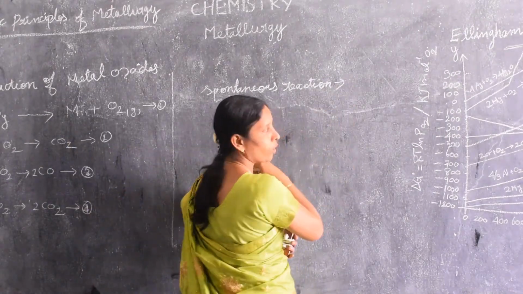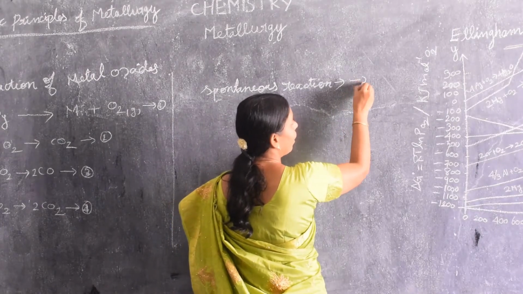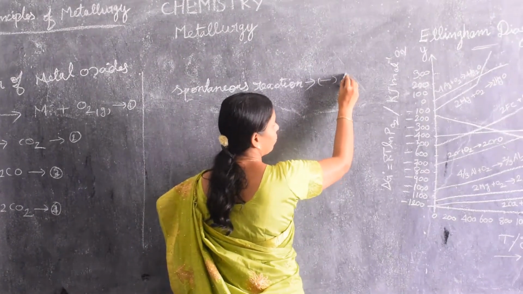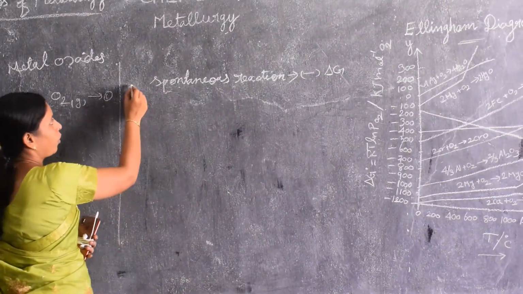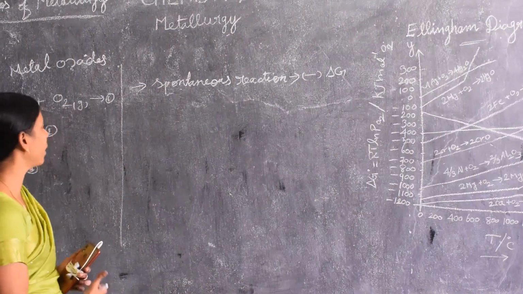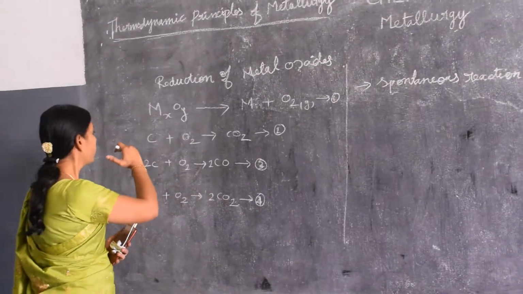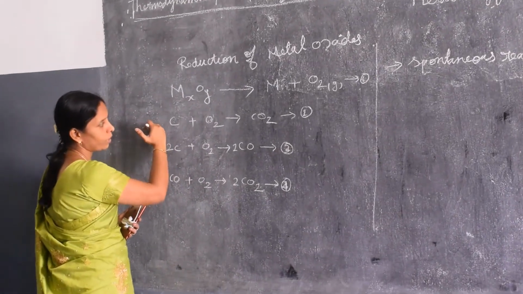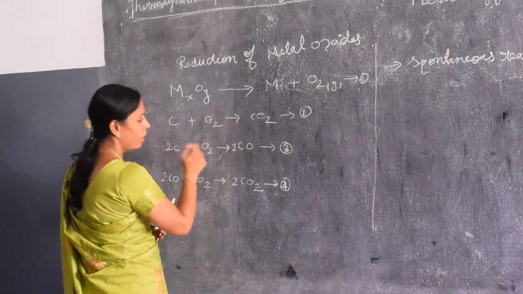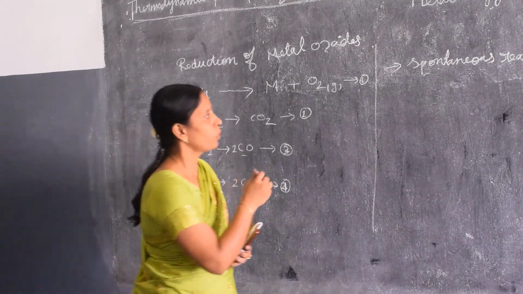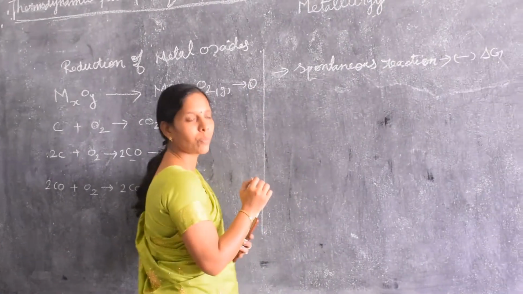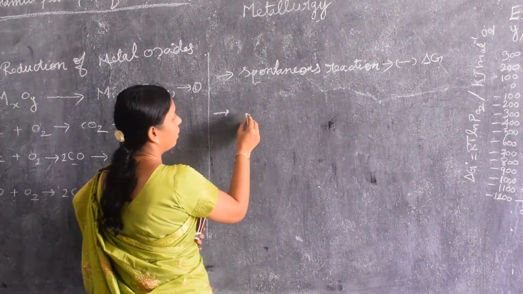So carbon gets oxidized to form carbon dioxide, carbon monoxide and carbon dioxide. Looking at these, we can look at the free energy.